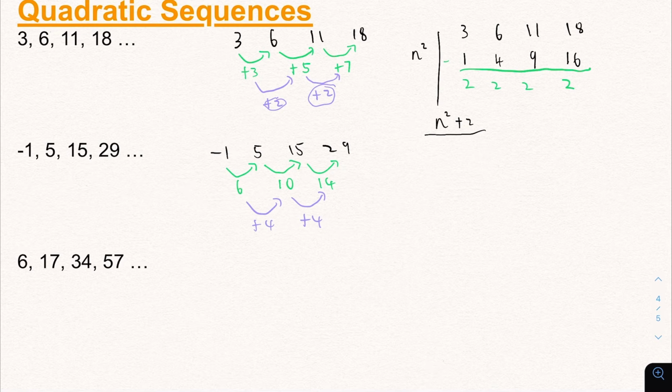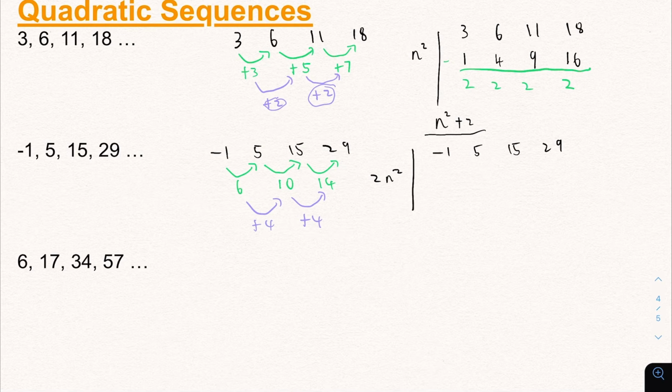So now you can see 4 is just 2 times 2, right? So that means it would be 2 times n squared, because plus 2 would be n squared, and plus 4 is 2 times 2. So you have your 2n squared, but you don't know the n and the constant. So you write the original sequence, so -1, 5, 15, and 29.